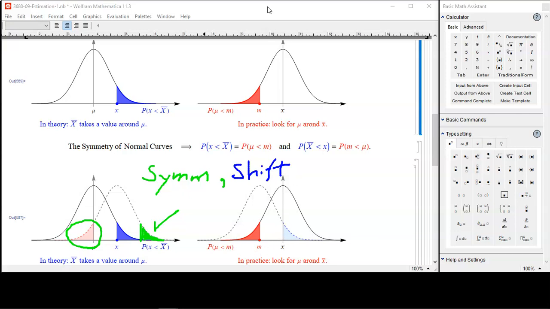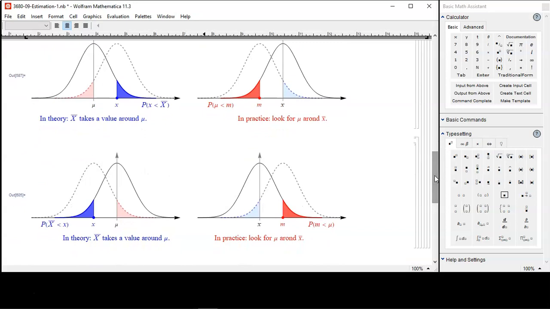We start from this blue here, and then use the symmetry to reproduce the same area here to the left. Again, it's the symmetry. And then take the shifting. Shift this green to this red. So they're the same probability. Now, do they make sense? You can do the same thing the other way around.